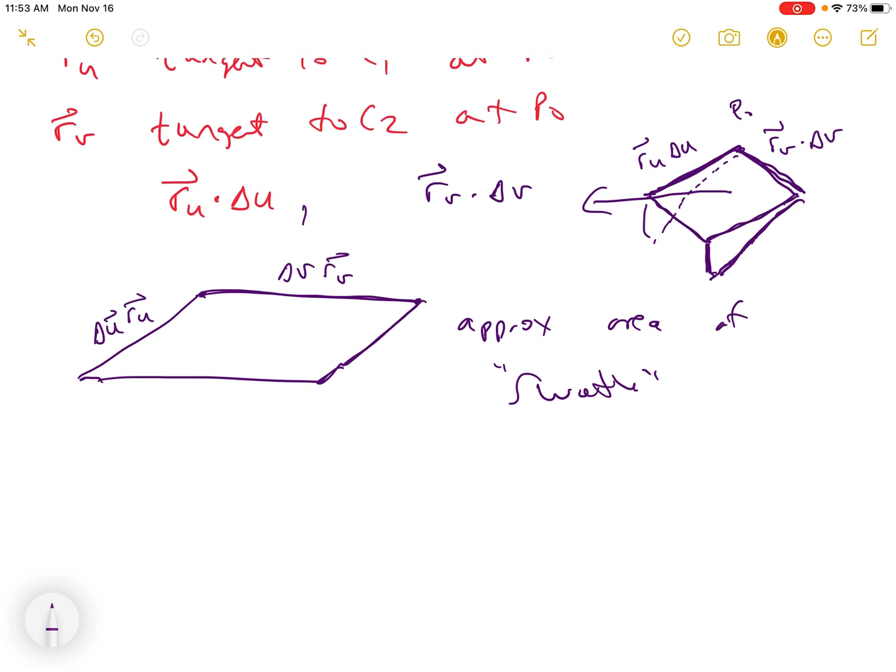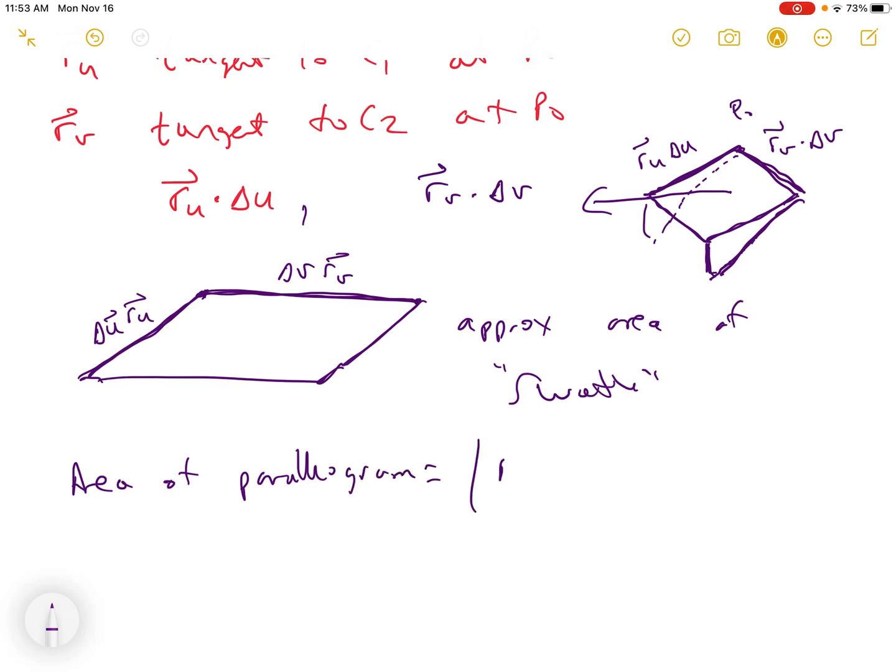Okay. So, we learned early on that when you have two vectors that are in the same plane, because these are both in the plane perpendicular to the point P0 of the surface, the area of the parallelogram is equal to what?